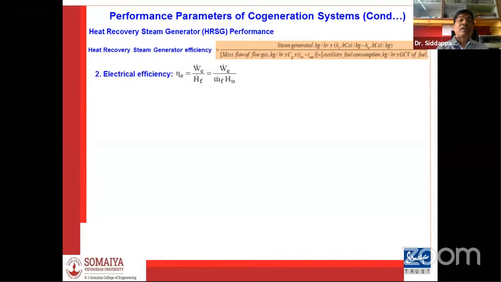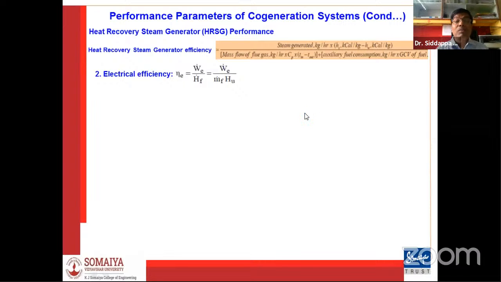Then all these first-part efficiencies are related to our thermal system. Then the term comes into the electrical system, the conversion system, or electrical efficiency. How much equivalent electrical energy am I getting by supplying a certain amount of heat input in the system?